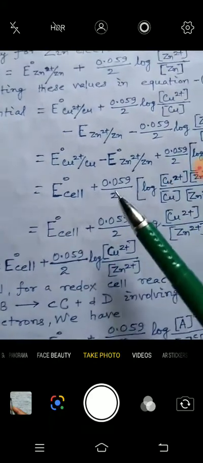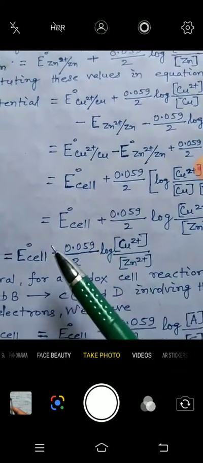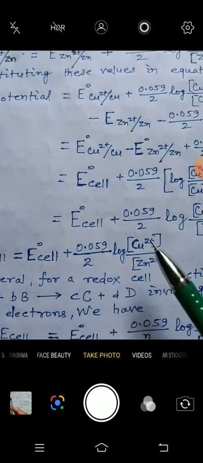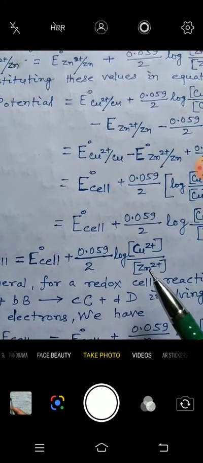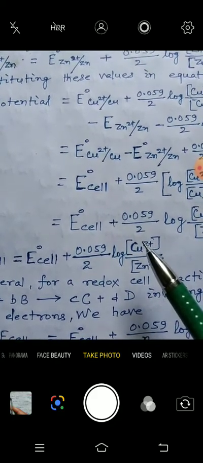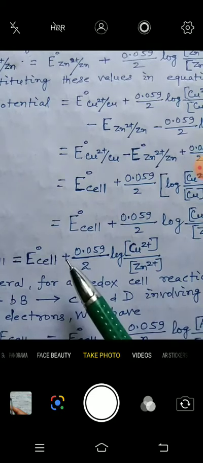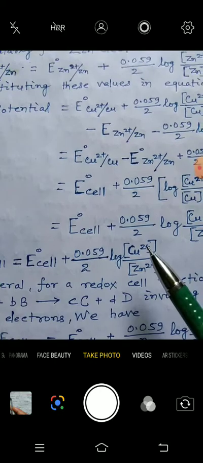My suggested strategy is that E cell is equal to E naught cell plus 0.059 by 2 log of the concentration of the cathodic compartment ion by the concentration of the anodic compartment ion, because the cathode is denoted by the plus sign and the anode by the minus sign. So here is the plus, then in the numerator you put the concentration of the cathode compartment, because the cathode is denoted by the plus sign.